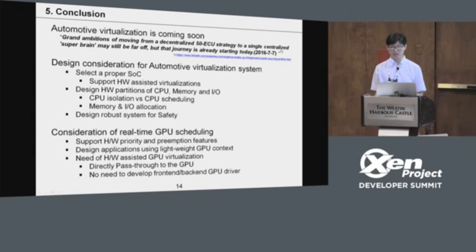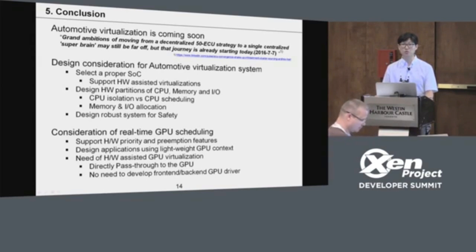Design hardware partitions for CPUs, memory, and I/O. If a SoC has enough cores, I recommend you isolate cores for domains for safety and performance. Design a robust hardware and software system for safety. Automotive embedded systems should meet safety requirements such as ISO 26262.